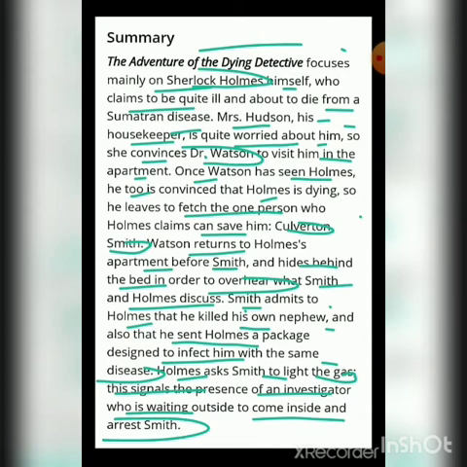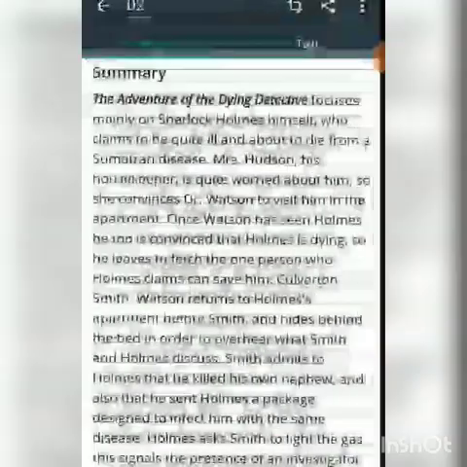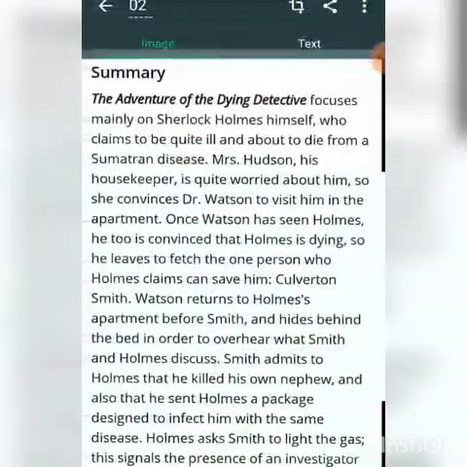As soon as he lights up the gas, this will signal the presence of an investigator standing outside the Holmes house, and he's going to come inside and arrest Smith as well. So this is the summary of the story, The Adventure of the Dying Detective.